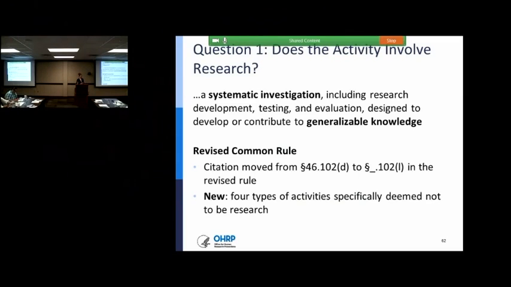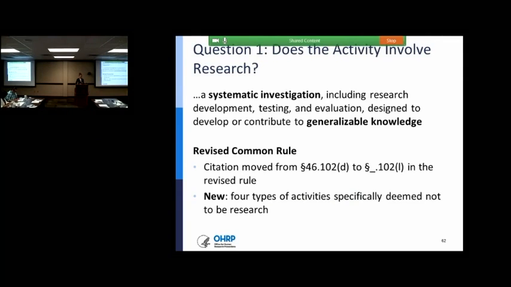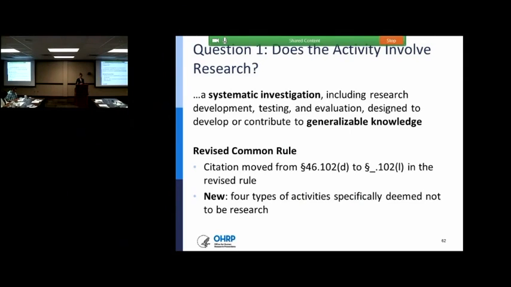The definition of research has not changed under the revised common rule. This is still the same definition. It has moved, and I will say that the definitions were alphabetized, which I was super excited about because I never understood why they weren't before. But they are now. So the citation has moved.